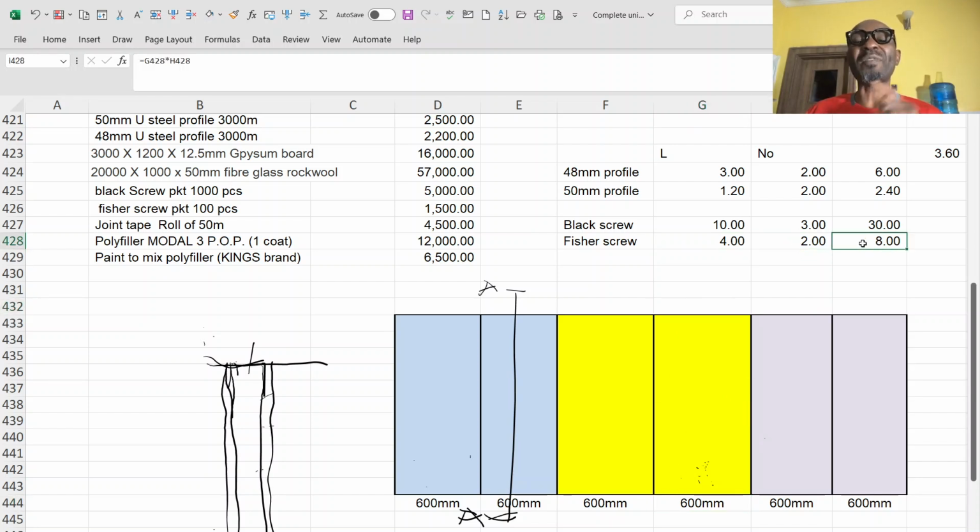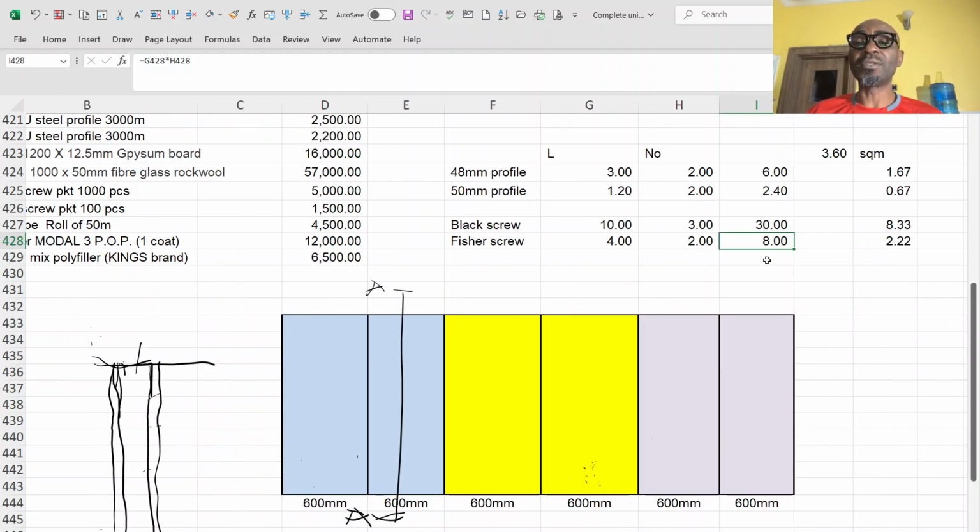So if you multiply, you have 8 numbers. Having gotten all of this illustration, I'm going to have 8 numbers and 30 numbers. Then if you divide it by the total coverage area, you're going to have 8.33 per square meter and 2.22 per square meter. So I'm going to take these parameters to my table.